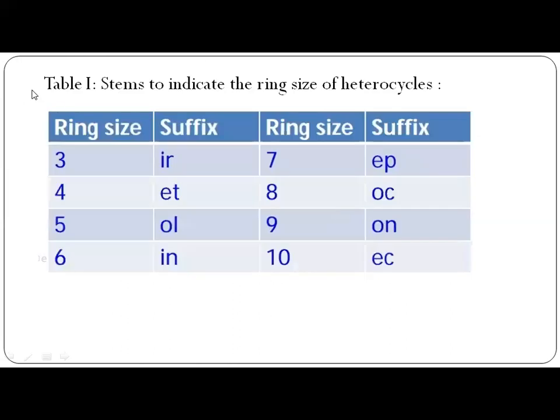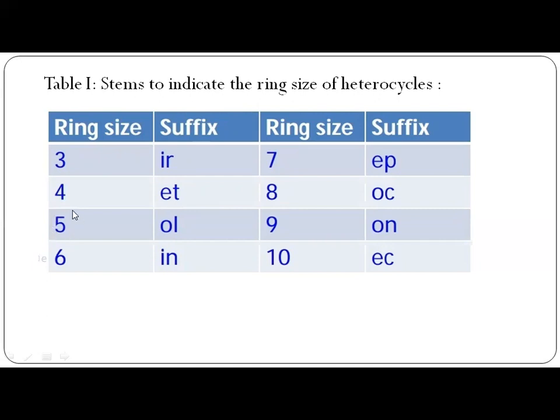Let's move further. This one is a table which indicates the ring size of a heterocycle. Your nomenclature depends on the ring size. If your ring size is 3, means the ring is made up of 3 elements, then the suffix will be ir. If the ring is a 4-member ring, the suffix will be et.